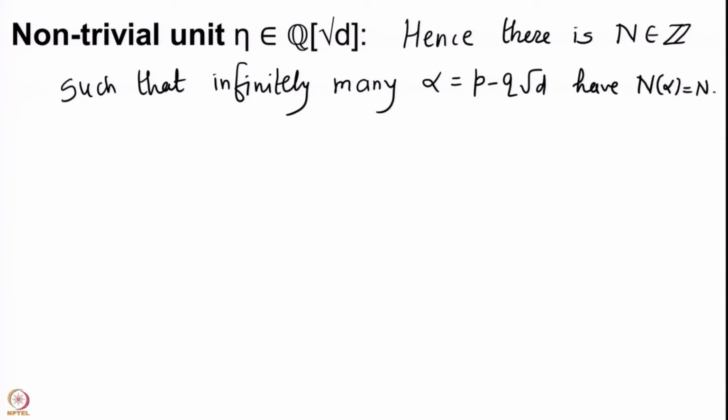We have that there are infinitely many pairs p upon q giving you good approximations to root D, and of course p1 minus q1 root D equals p2 minus q2 root D if and only if p1 is p2 and q1 is q2.